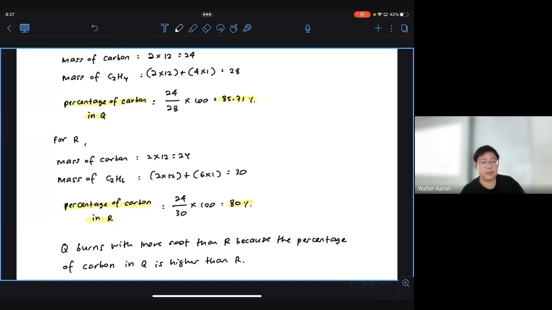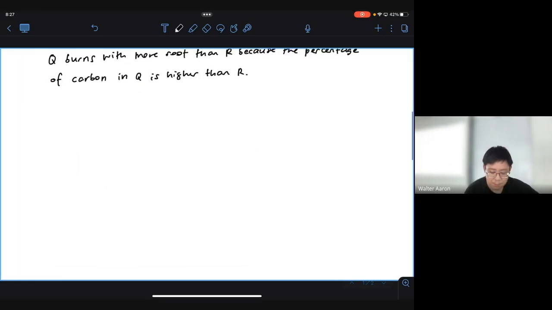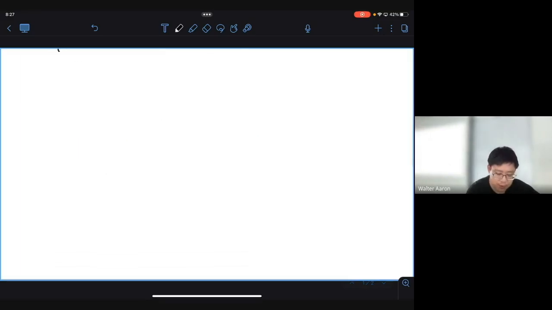So in terms of the explanation for the other example, which is if you were to change it to propane and propene, right? Same thing, just that the calculation and the percentage should be slightly different. So let's just say, for example, number 2.